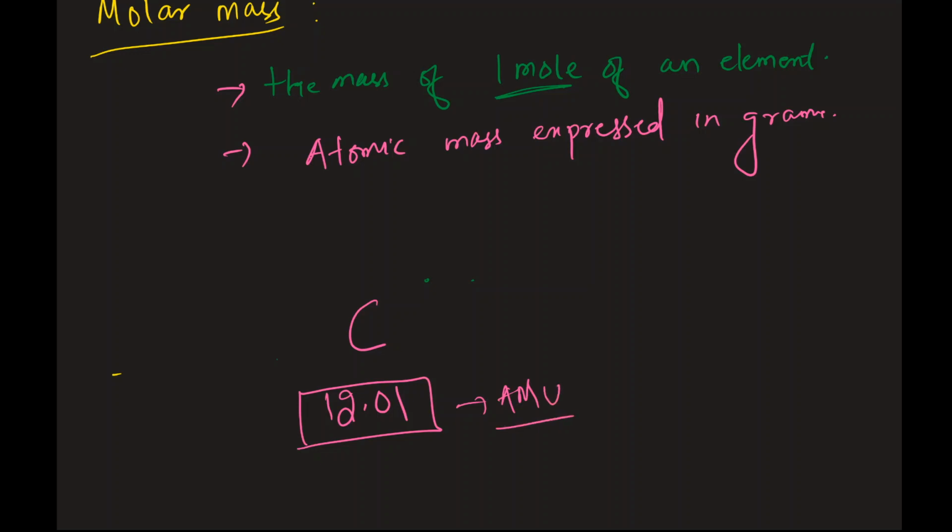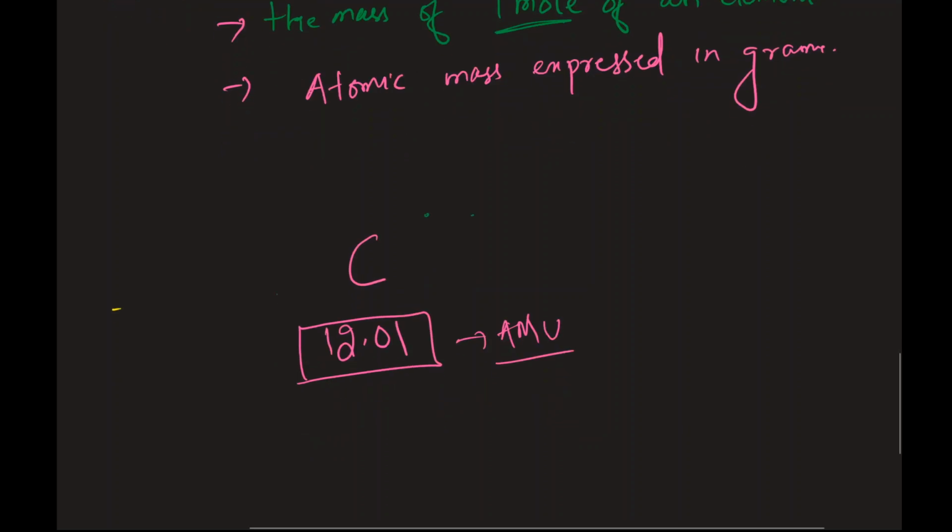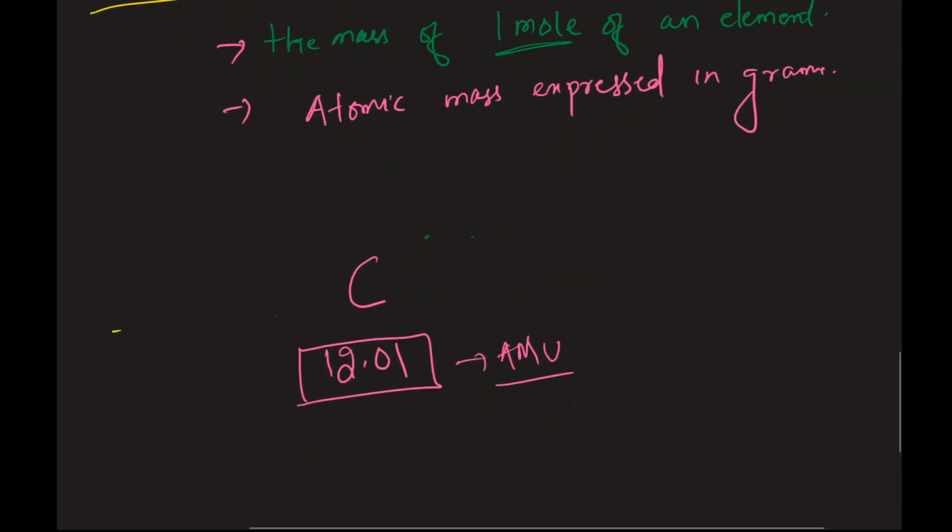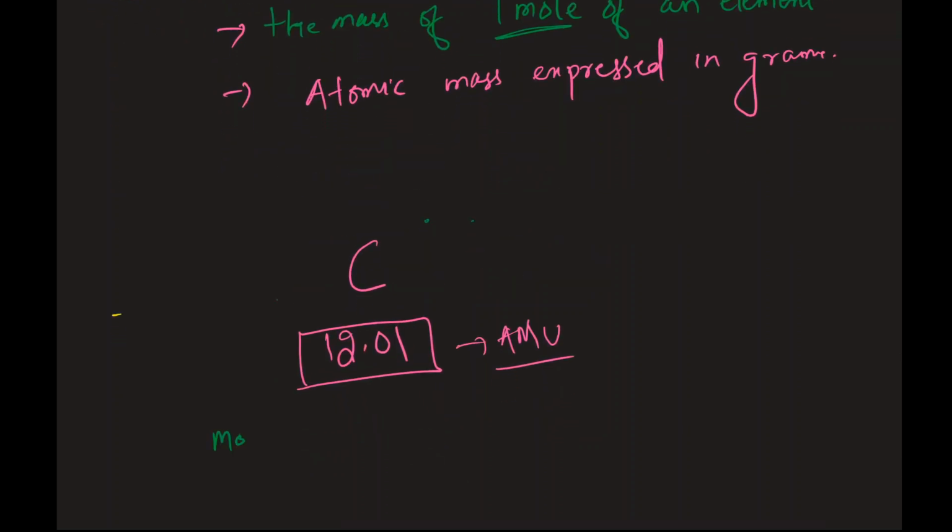So if I ask what is the molar mass of carbon, it is 12.01. It's the exact same number, but it's written in grams.